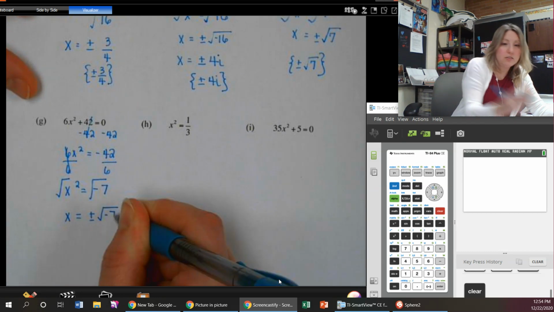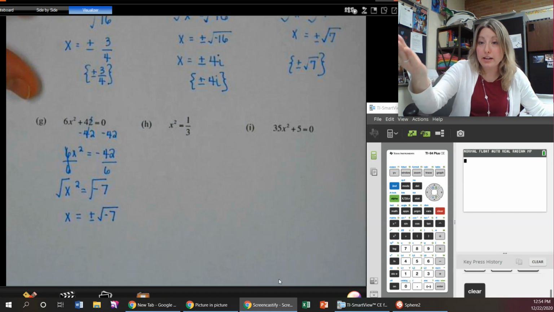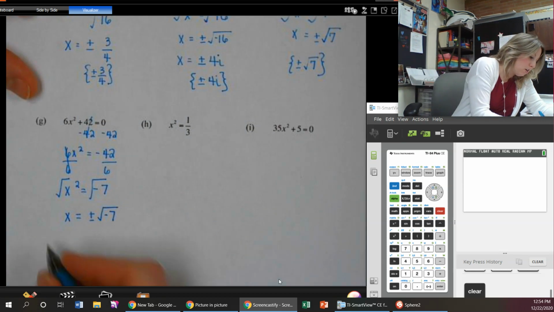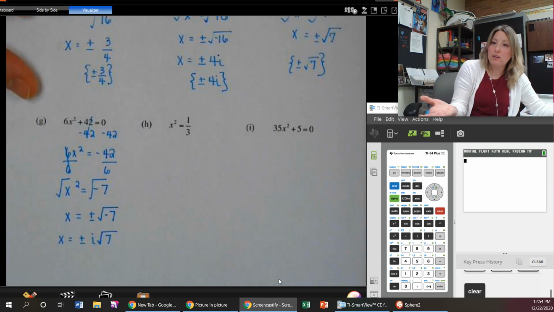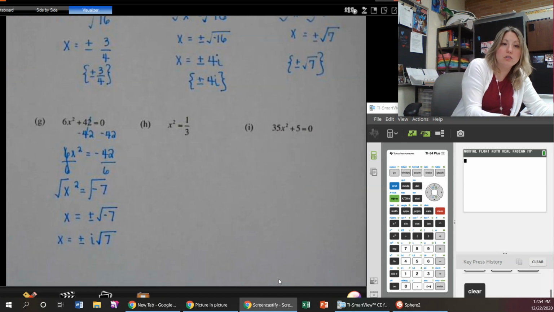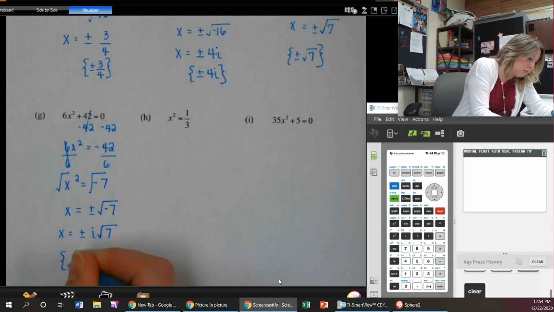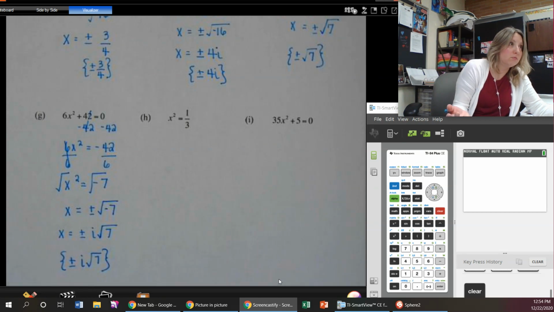Okay, so I can't leave a negative under the radical. That's an i, right? So that part comes out. But actually, I can't simplify positive radical 7 any further, right? So my final answer here is just plus and minus i radical 7. That's it.